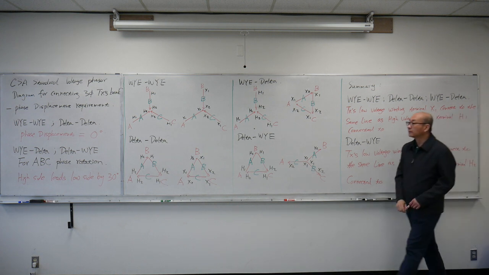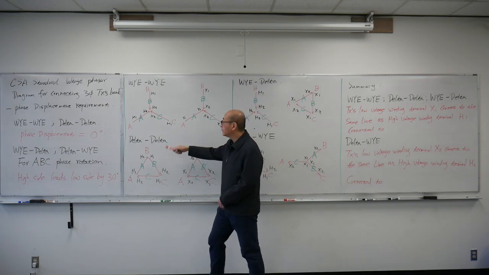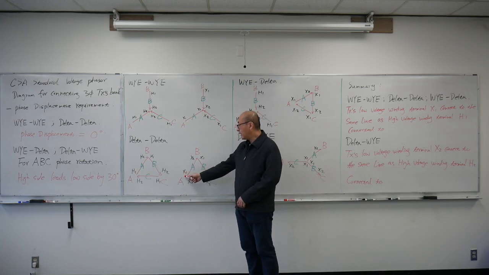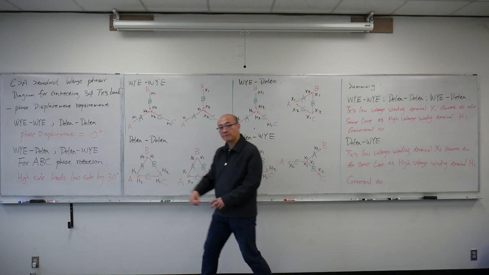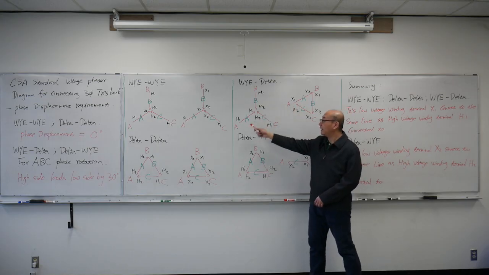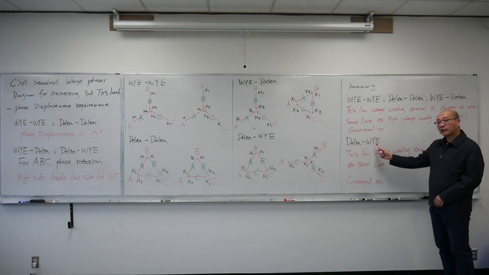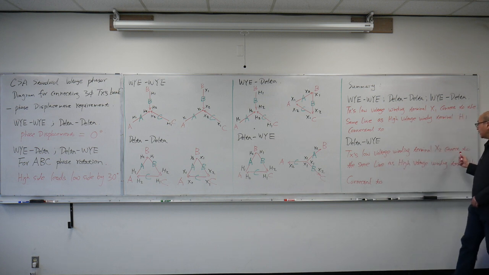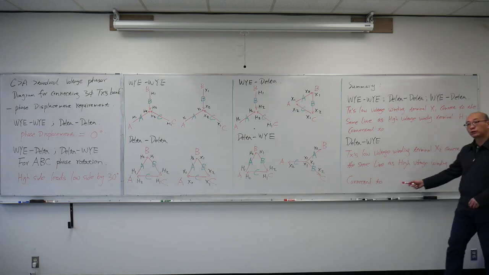So in this one, X1 terminal connects to line A and H1 terminal connects to line A. In this one, X1 terminal connects to line A and H1 terminal connects to line A. In this one, X1 terminal connects to line A and H1 terminal also connects to line A. For delta to Y, the transformer's low voltage winding terminal X2 connects to the same line as the high voltage winding terminal H2.